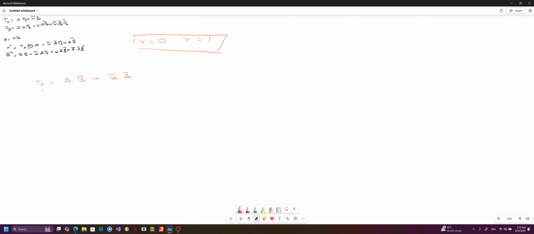So what we need to do is take X as 0 for the whole case, and we're going to say A equals 0, B equals 0. Let's take this as a case.